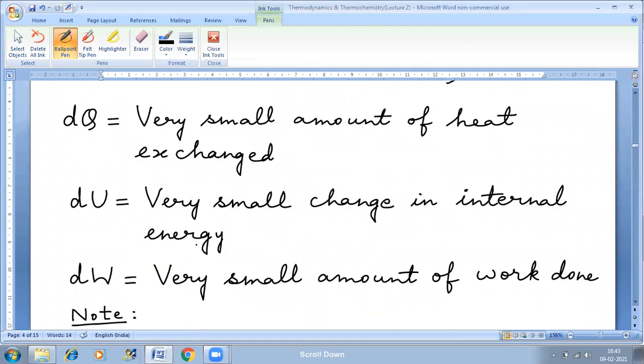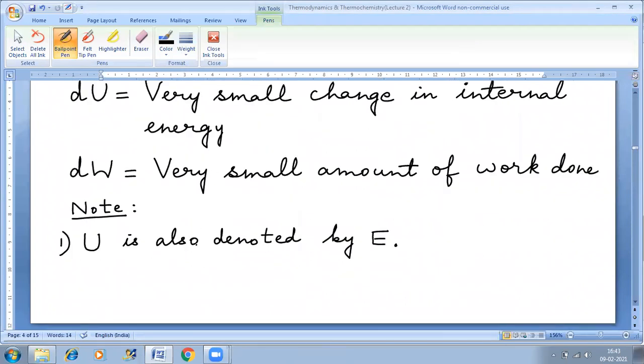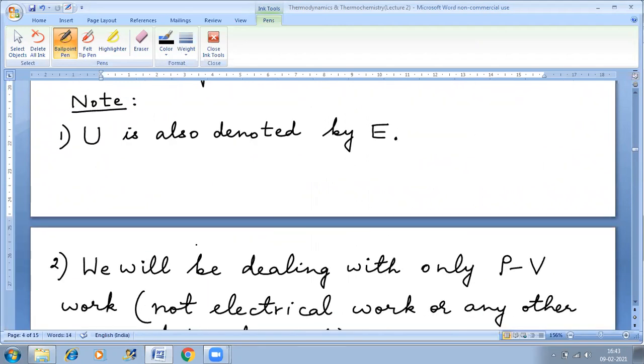Now, like I said, U is also denoted by E. And here in this particular formula, whatever work done you see as W, that W that we are going to talk of is going to be the pressure volume related work.